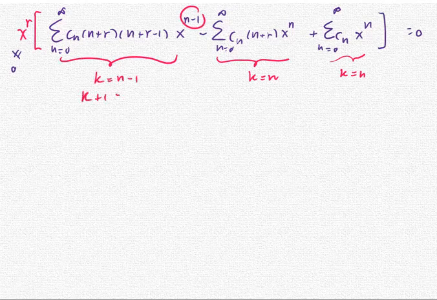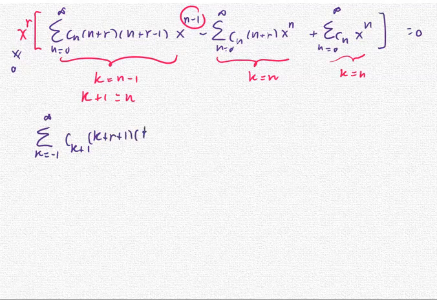Then k plus 1 equals n. And then the index of the first summation, if n starts at 0, k starts at negative 1. Subscript n means subscript k plus 1. N plus r becomes k plus r plus 1. N plus r minus 1 becomes k plus r.